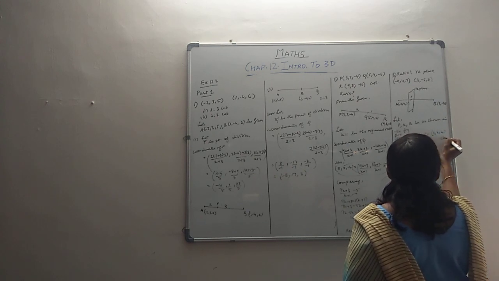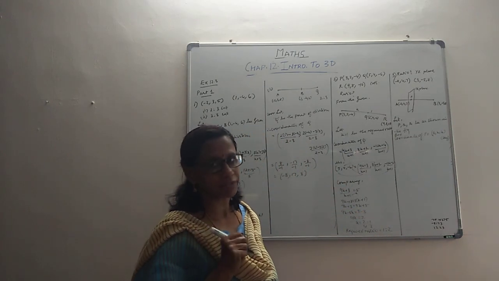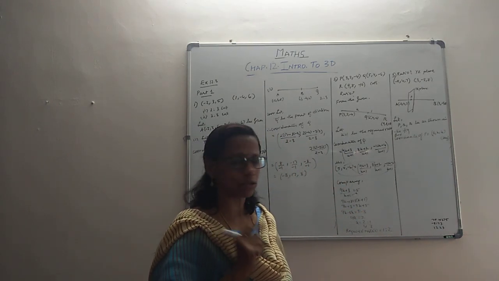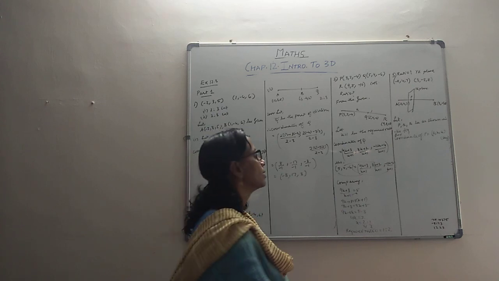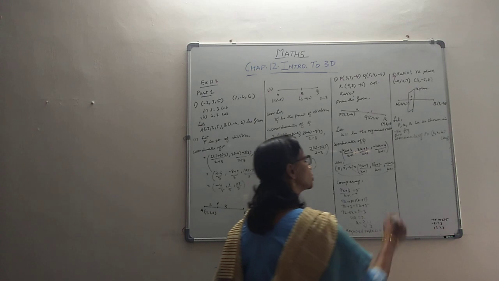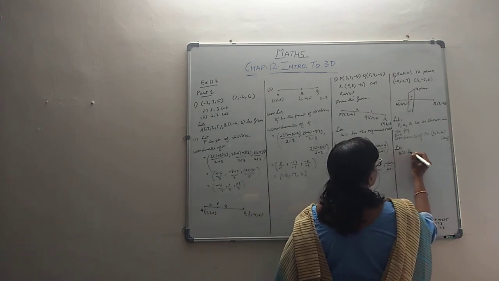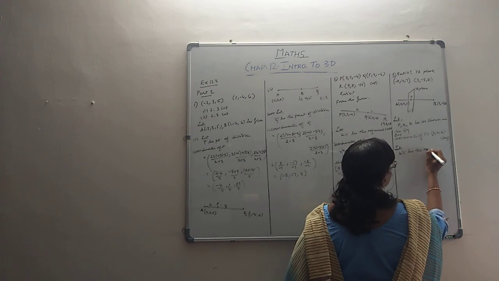We are assuming (0, h, k). Why? Because the YZ plane will never have the X coordinate, it will have only the Y and Z coordinates. We did it in exercise 1. So that we know about the coordinates now, and then we have to assume the ratio. Let k is to 1 be the required ratio.